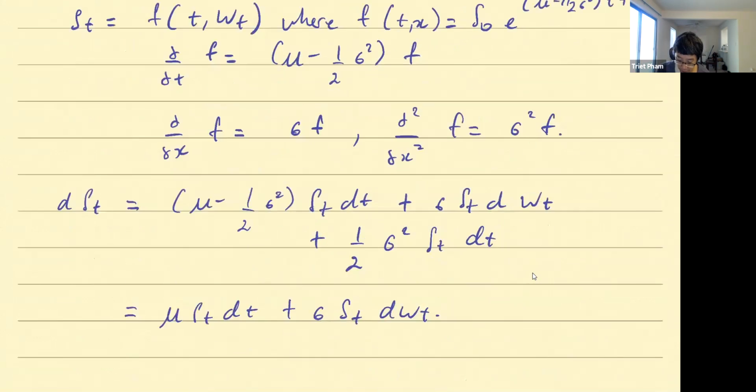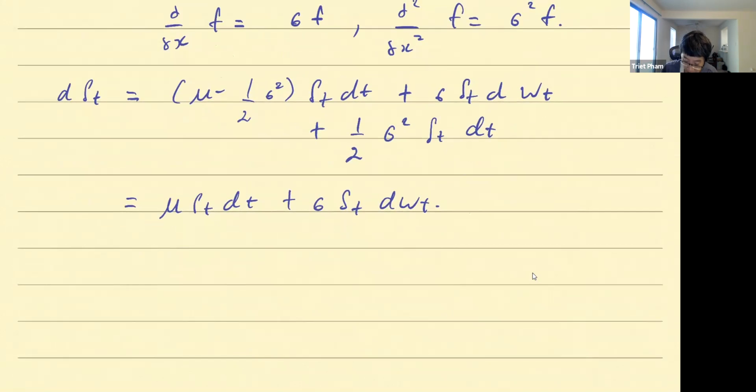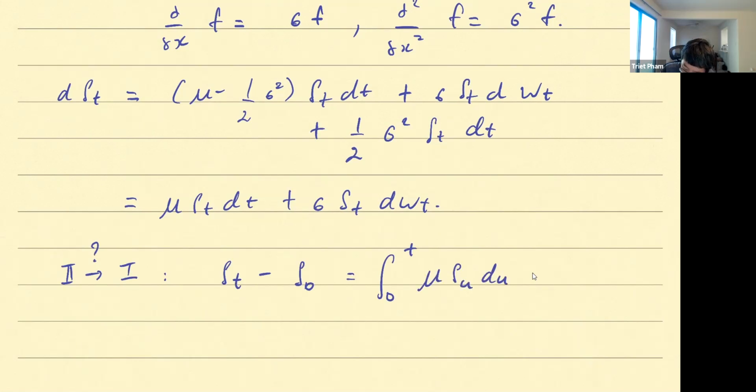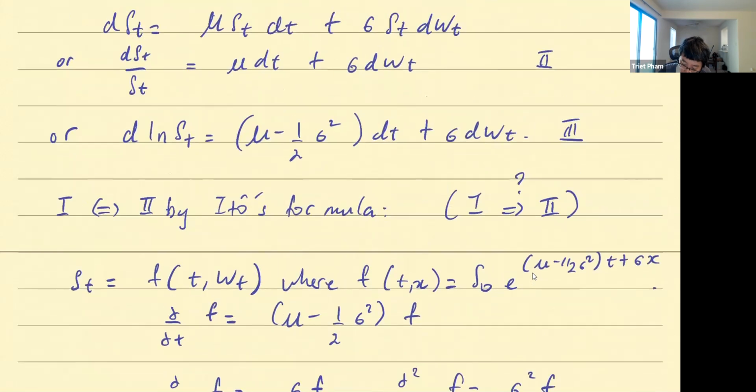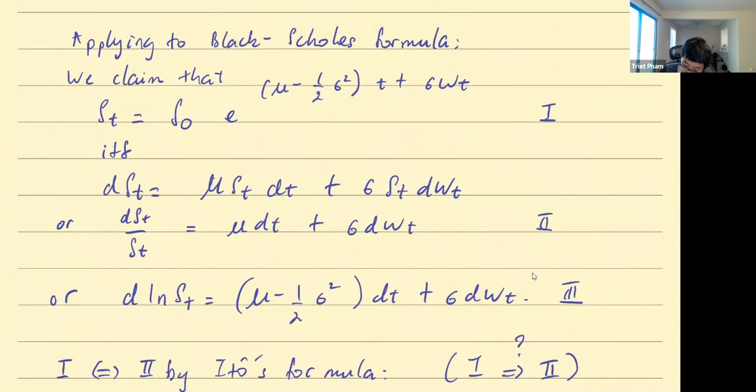If we follow the integration blindly, which is fine, if we try to recover 1 from 2, then what it says is this: S_t minus S_0 is the integral of mu S_u du plus sigma S_u dW_u. That clearly is nothing similar to what we claim, which is this.